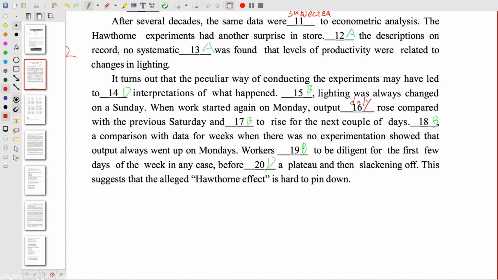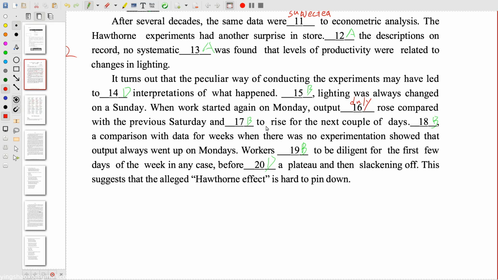Okay, duly. In other words, you could probably say it as properly. The output properly rose compared with the previous Sunday, maybe a small rise, something like that.